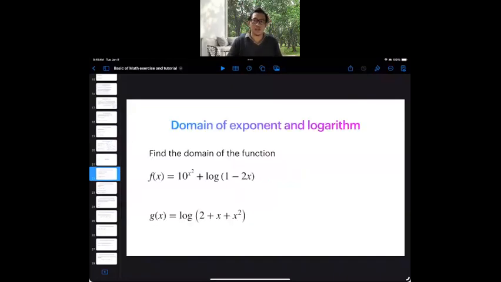Try. The first thing is basically we refer back to the domain of the function. So try this one. Do not wait for me to solve it for you, but you need to try to check the domain of the function.